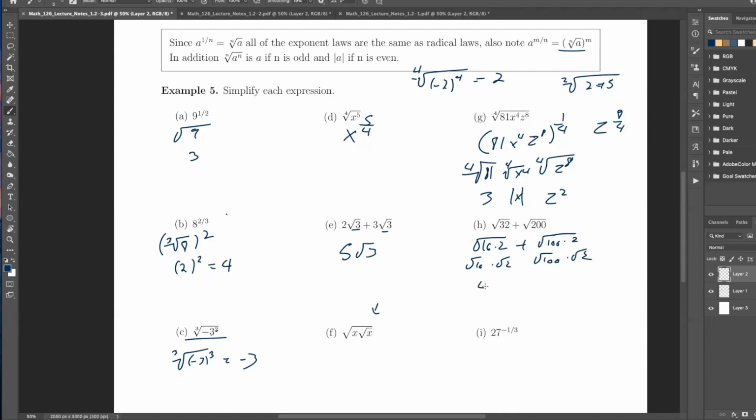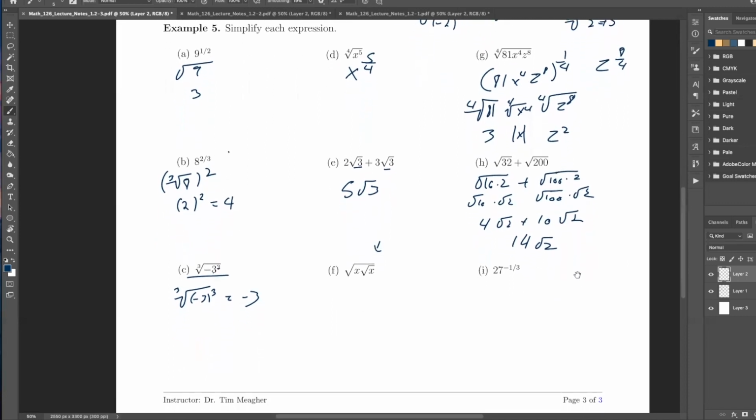Well, the square root of 16 is 4, so 4 square root 2, plus the square root of 100 is 10 square root 2. And then I can simplify this to be 14 square root of 2. Okay. So if they're different, sometimes you can pull out a perfect square. So 16 and 100. You may have seen this done differently, but it's just using the tools I've given you. This is how you would do it.